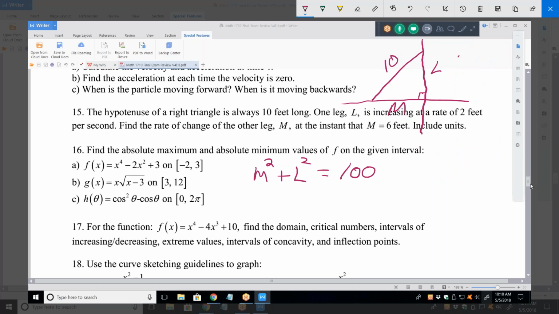Okay, let me write what we know over here. dL/dt equals 2, and we're looking for dm/dt. Since dL/dt is a positive number, what's happening?